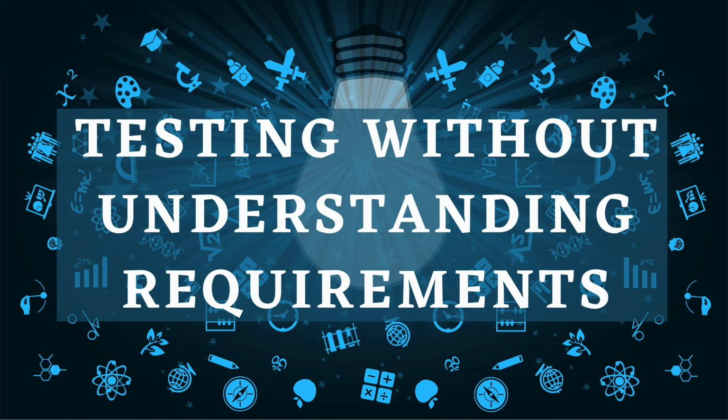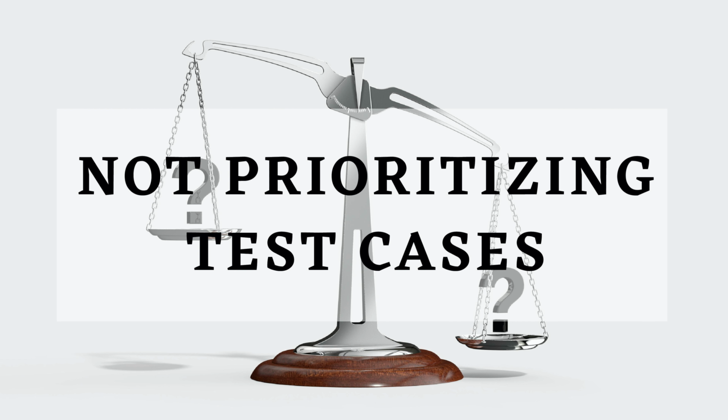The second point is not prioritizing test cases. Test case prioritization could be the difference between a project being defined as a success or a failure. Imagine the unfortunate scenario where you execute 80% of the test cases without first prioritizing the test cases with the test manager and other relevant stakeholders.